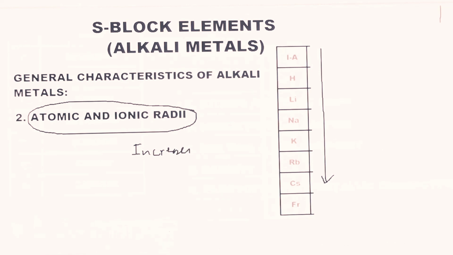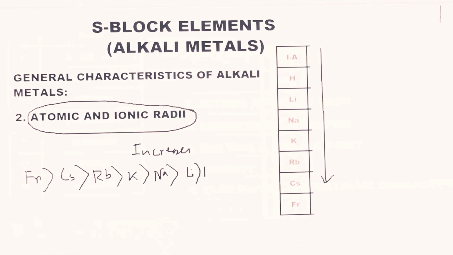So the element which has the largest atomic and ionic radii is francium. Francium is greater than cesium, greater than rubidium, greater than potassium, greater than sodium, then lithium, and then hydrogen.